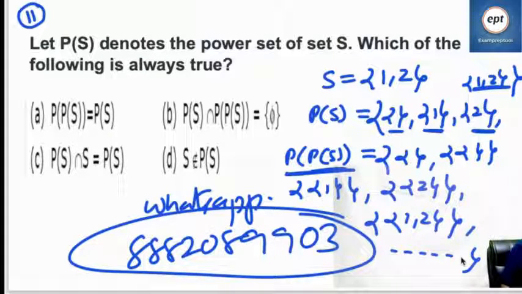Now give the answer to me. The power set of the 4-element set contains 16. The power set of S contains only 4. How will both be equal? So A cannot be.